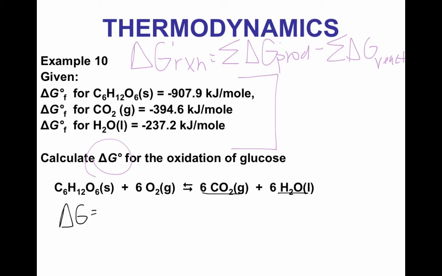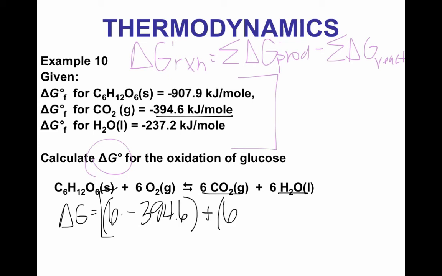Right, so delta G is equal to 6 times the delta G of CO2, which is negative 394.6 kilojoules per mole. Okay, plus, because we have to find the sum, 6 times delta G of water, which is negative 237.2 kilojoules per mole.